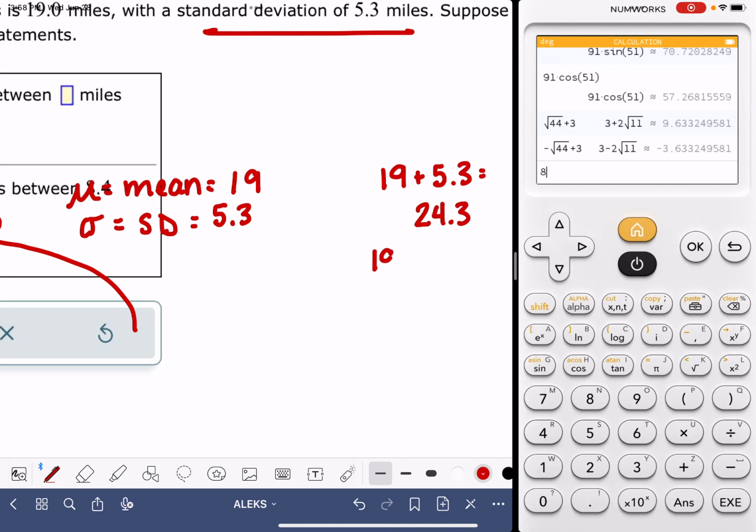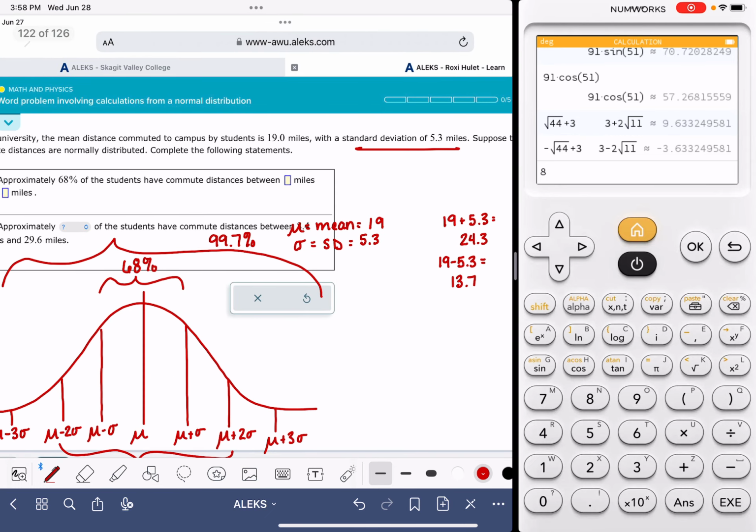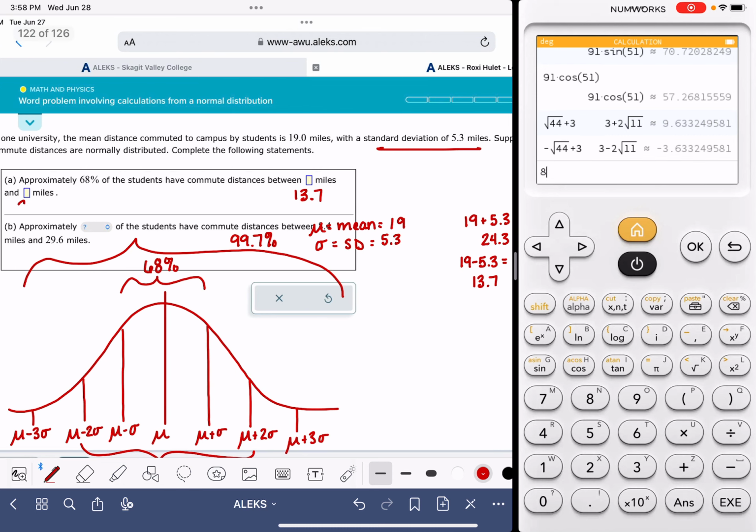And one standard deviation below 19 is 13.7. So 68% of the data points in this particular set of data is between 13.7 and 24.3 miles. One standard deviation above, which is that calculation, and one standard deviation below.